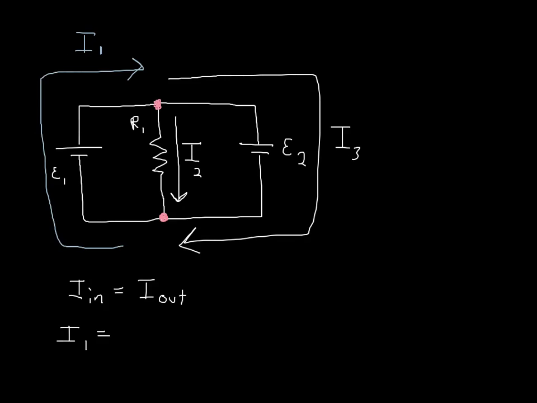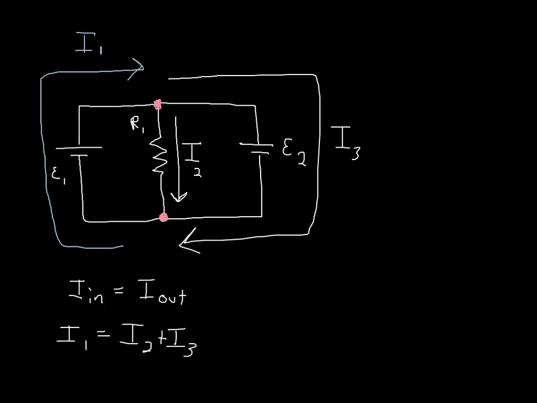That has to be equal to the current that goes out. The arrows pointing away from this junction are I2 and I3, so I1 equals I2 plus I3. And I've done my junction rule.